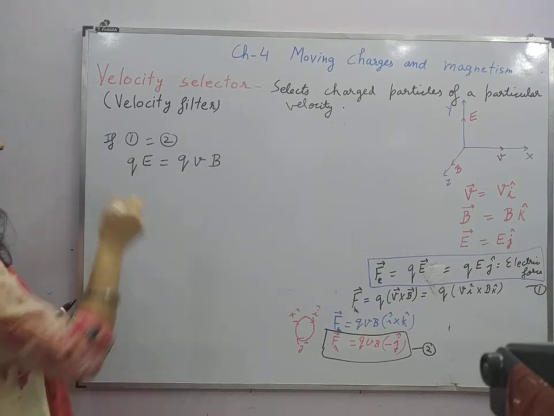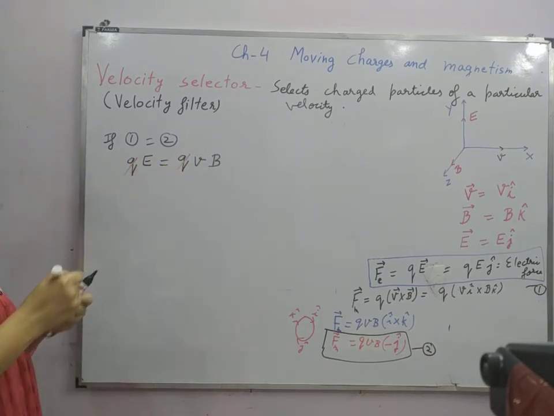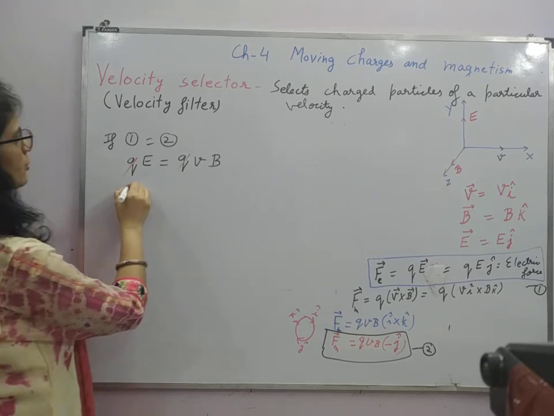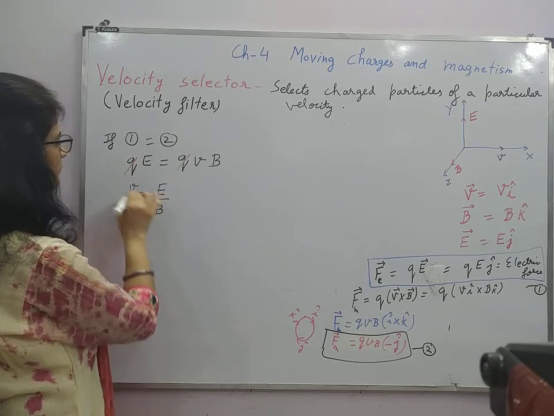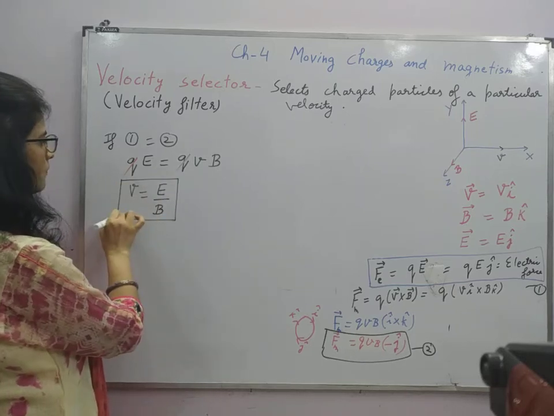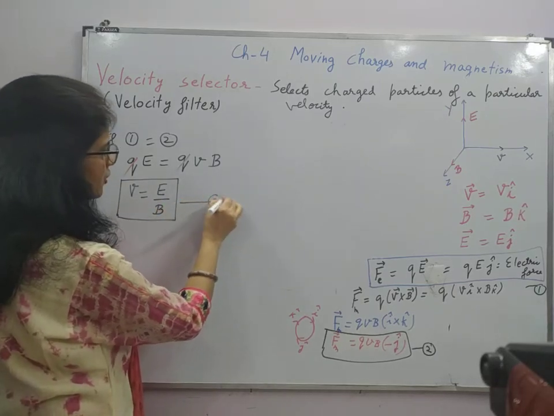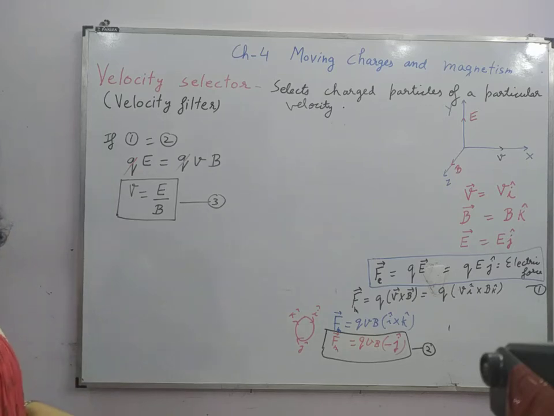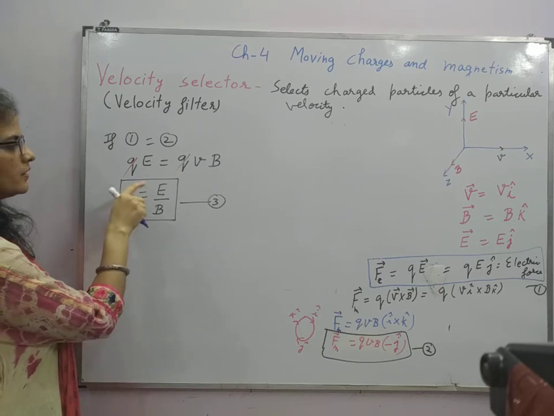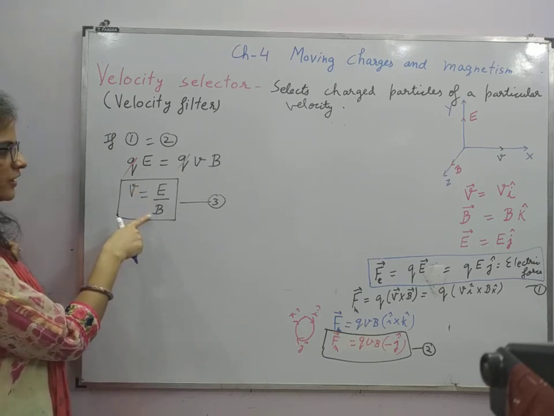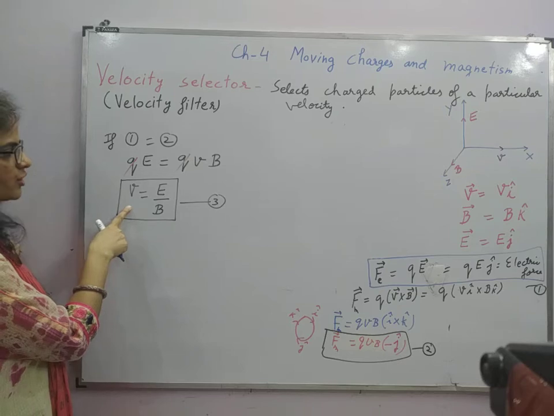From here, this q can be cancelled and V comes out to be E upon B. Very important relation. That means the velocity selector selects the particles where the ratio of the electric and magnetic fields is equal to their velocity.